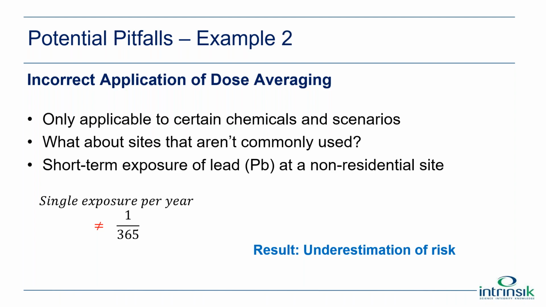So again, possible fixes for something like this: maybe think about using a physiologically based pharmacokinetic modeling exercise where you look at blood lead spike or spikes in blood lead levels for children. But certainly amortizing like this, for this type of example, it's inappropriate for a contaminant like lead for this type of site. So next slide, please.